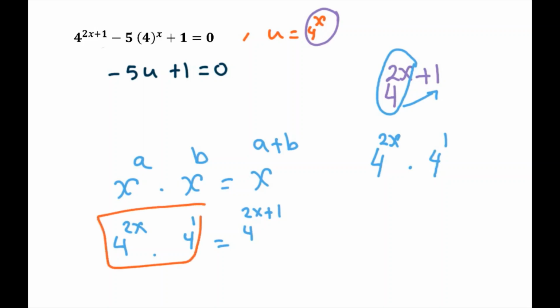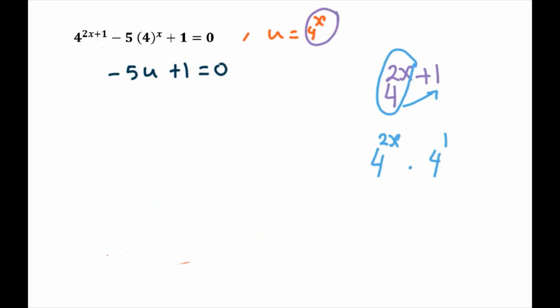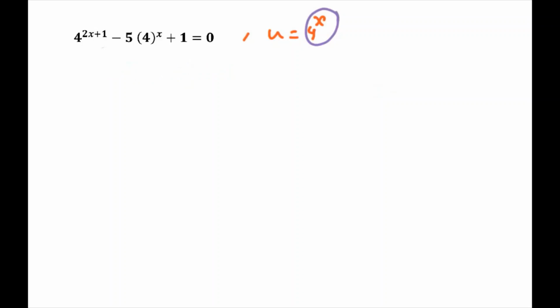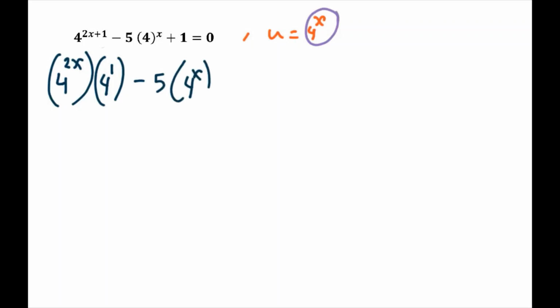That's a rule. So now we are going to use this. So it is basically 4 to the power of 2x multiplied by 4 to the power of 1, minus 5 times 4 to the power of x, plus 1 equal to 0.